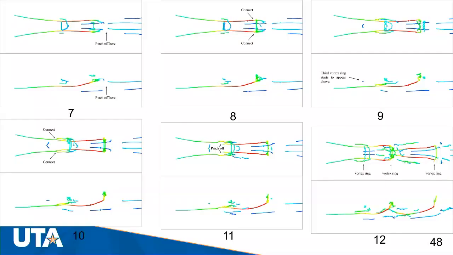And then these pinch off at the next time, right? So the first ring separates from its original body, right? A separate ring goes up, and then the third vortex ring forms, and this is the side view. So this ring is somewhat higher than this ring.